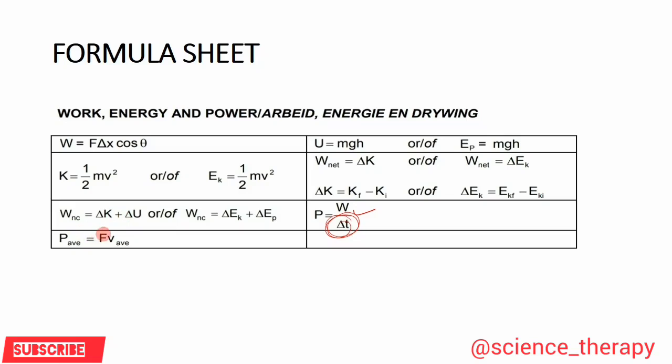But then here they wanted the power average, and we can calculate the V average since we know the velocity at P and we know the velocity at Q. Remember, to calculate the V average, we need to say VI plus VF over 2, right? Then the force here would be that 50 newton, which is the force that will have to be exerted by the boy in order to overcome that friction of 50 newtons.